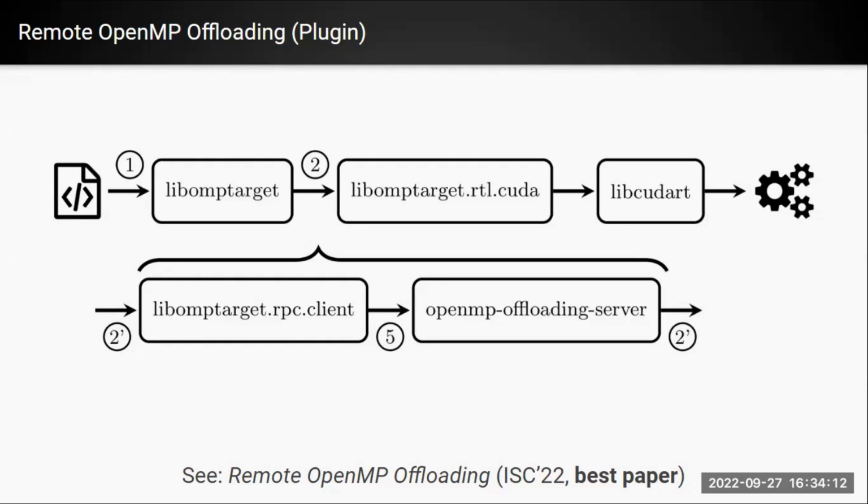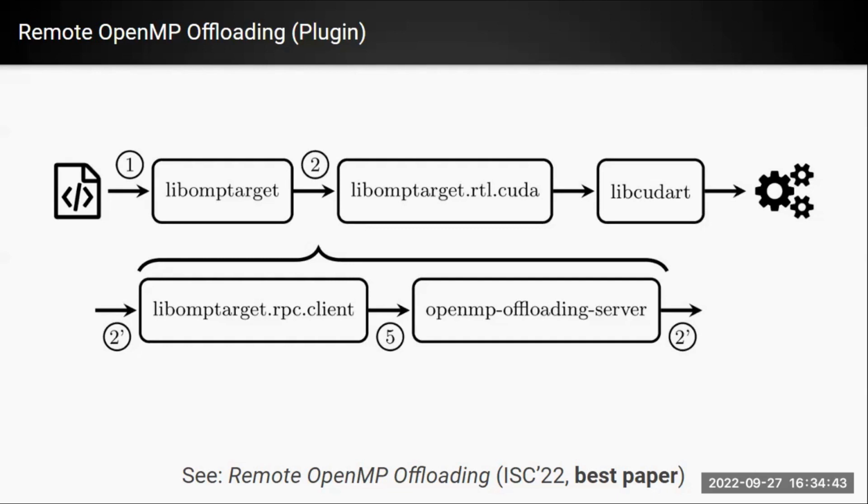And now we have this RPC plugin that we ship with LLVM. That RPC plugin is actually going to connect to servers that can be on the same host in a different process, or on different hosts, in a cloud, in your cluster, whatever. Whenever it gets a request from libomptarget, any request, it will ship it through the network to this server.